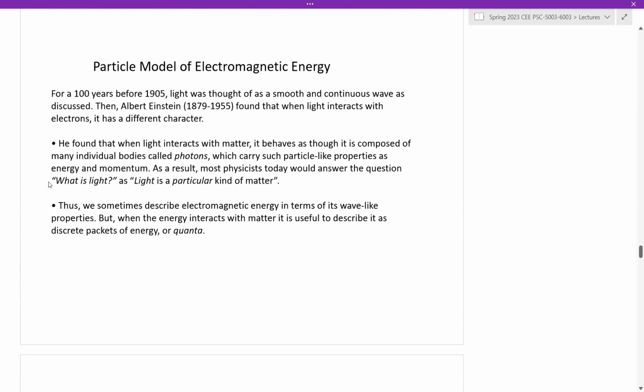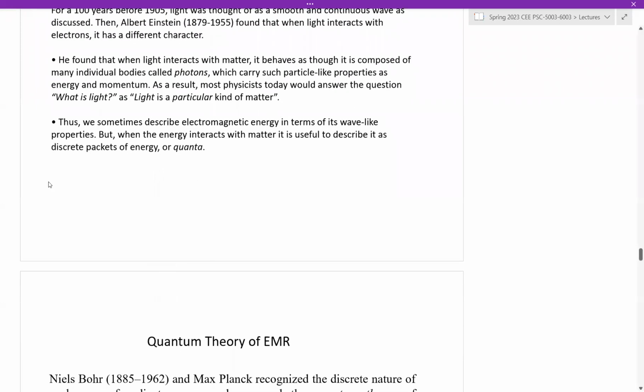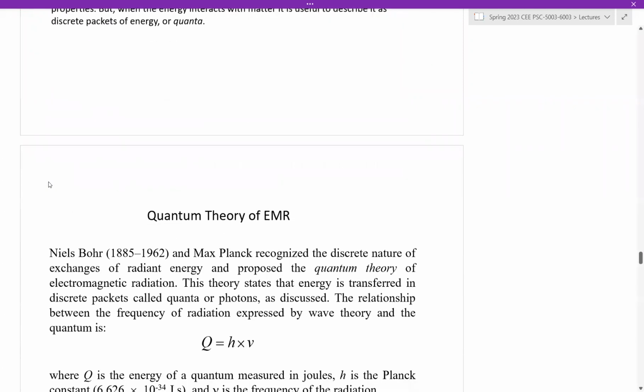Let me go back here. Yeah. So light also can be considered an electromagnetic wave.